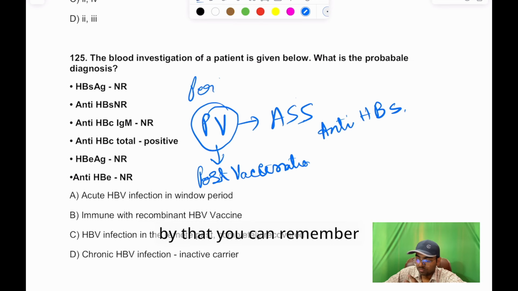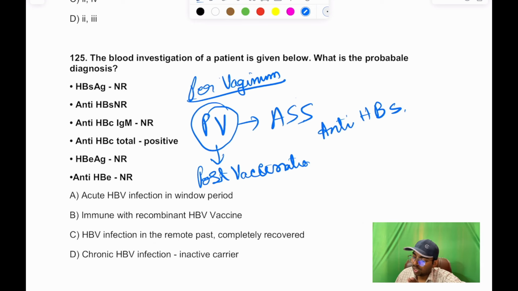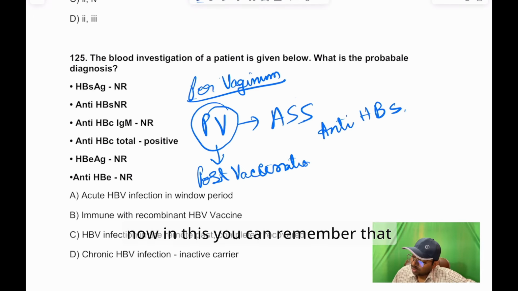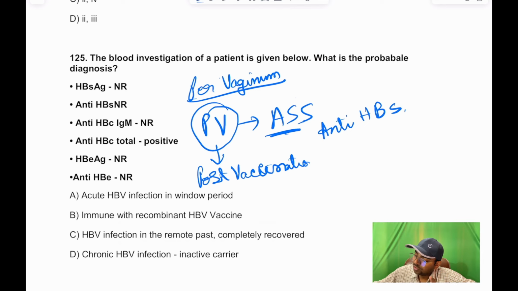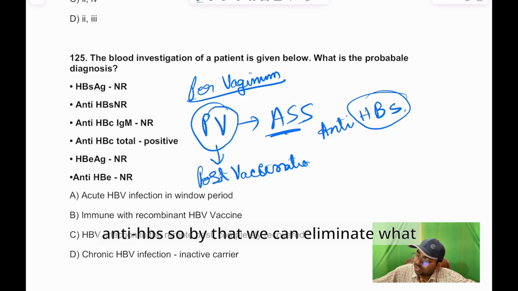So by that you can remember. Now in this you can remember that per vaginum ASS it is associated with. Now when it is associated with, that is post vaccination is associated with anti-HBS.